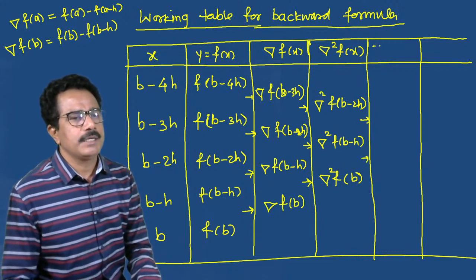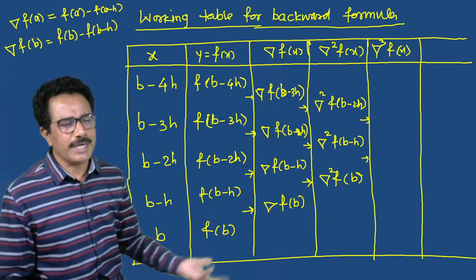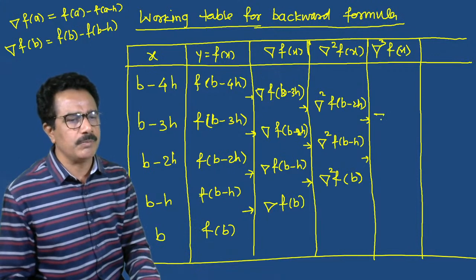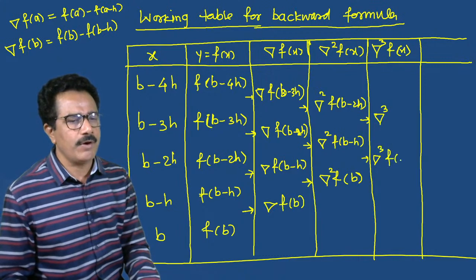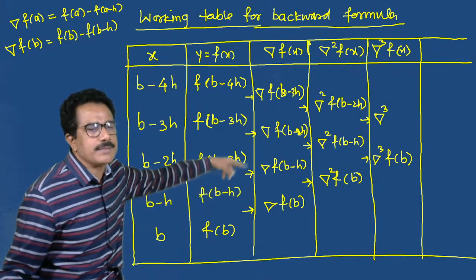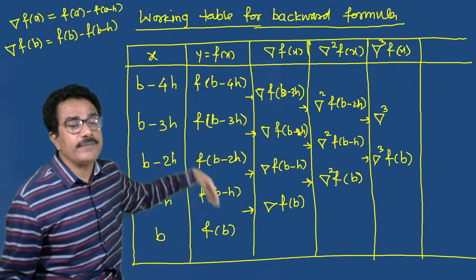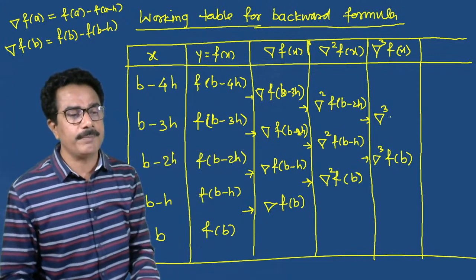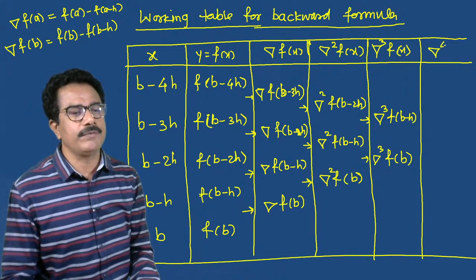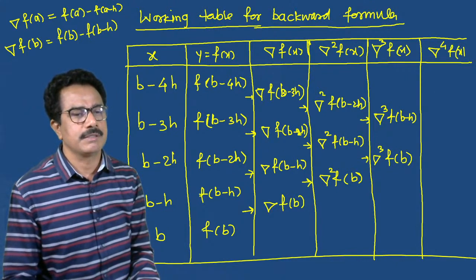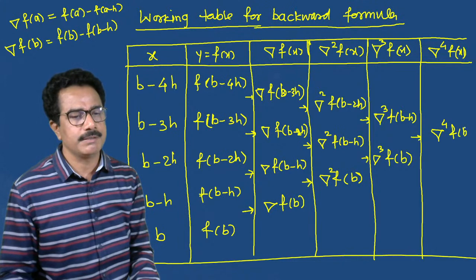Again, del cube f of x. So you can take this, or from here we take del cube f of b, f of b minus f of b minus h. If we take one more difference of that second difference, we get del cube f of b, del cube f of b minus h, and the same fourth difference f of x will be del fourth f of b.